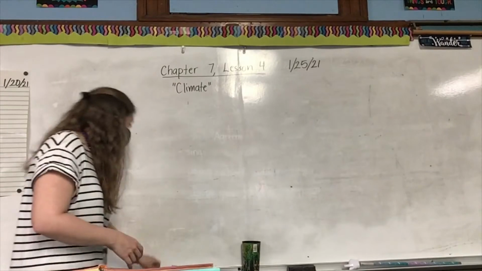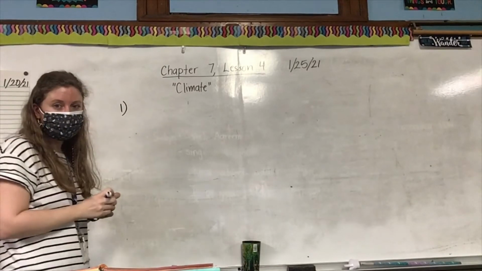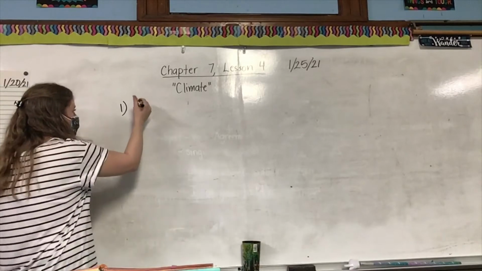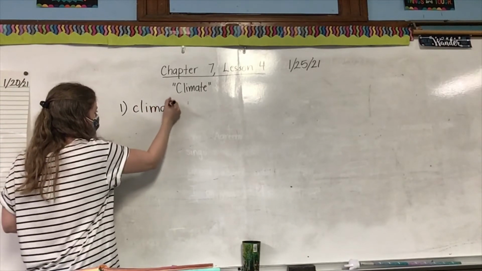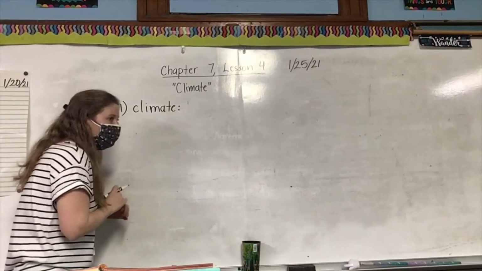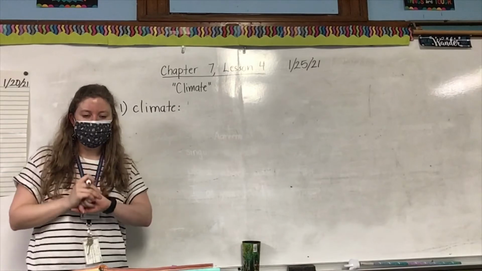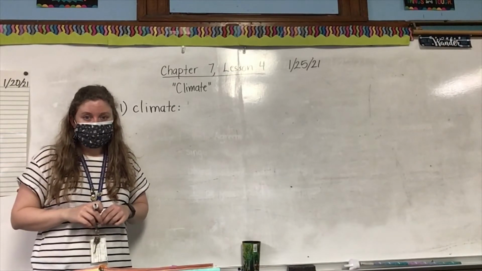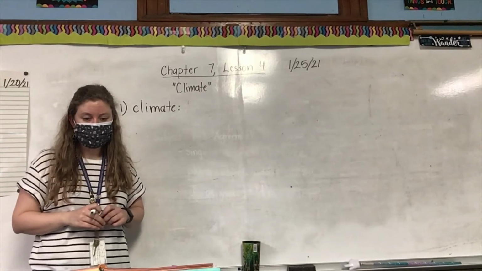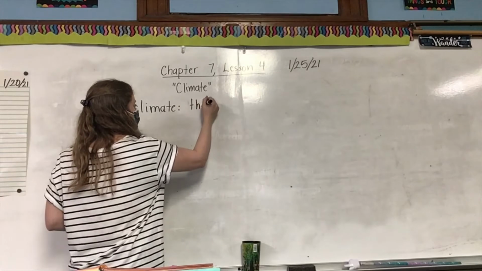So Smith, what's our first vocab word? Climate. C-L-I-M-A-T-E. Well, that's good because that's the name of our lesson. And you may have been like, what is climate? Well, now you know. Smith, what is climate? The pattern of seasonal weather that happens year after year.